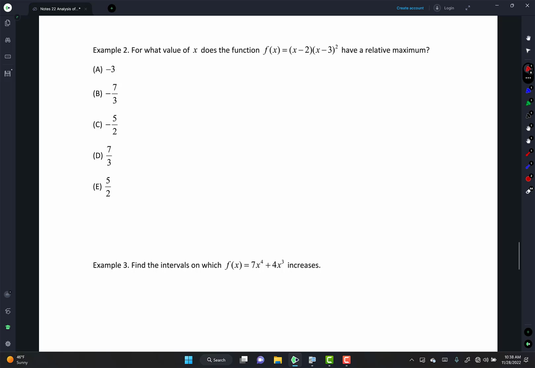Does that make sense to you guys? I'll say it again. Let's do a game plan. Remember that you have a relative max when f prime changes from positive to negative. Sorry, that's really bad handwriting.